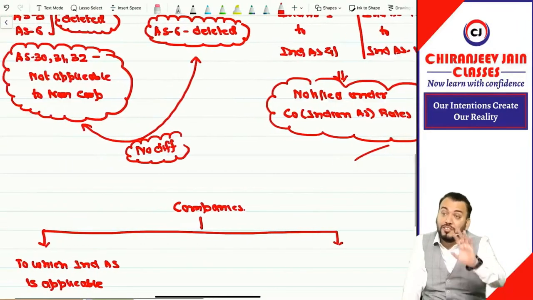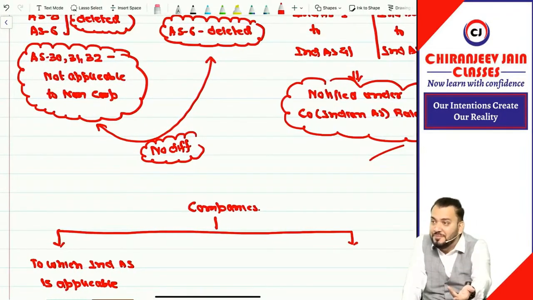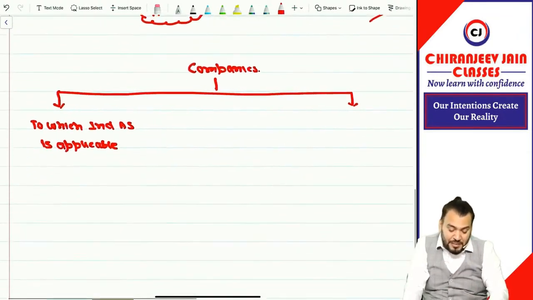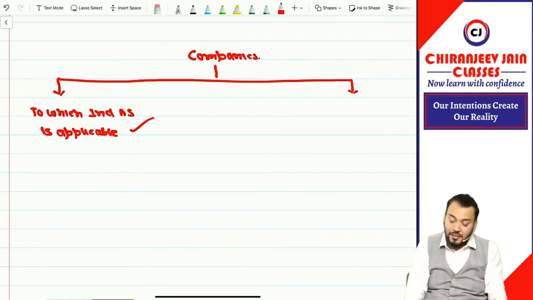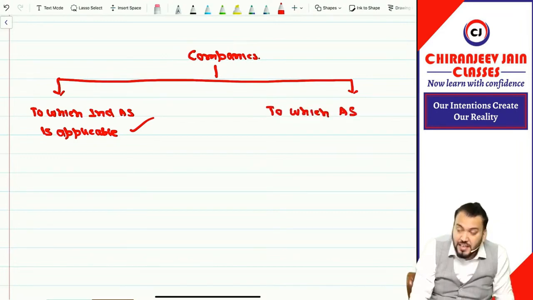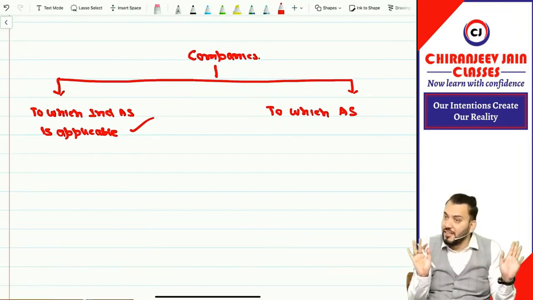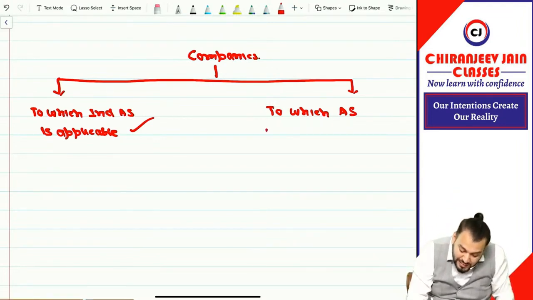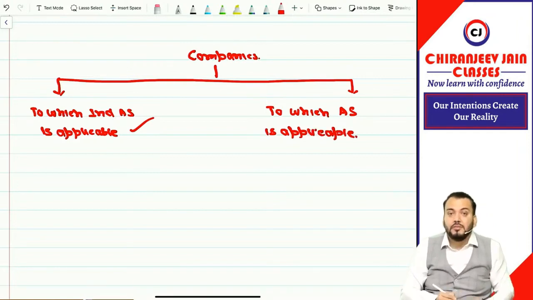So once you know which companies Ind AS applies to, automatically you know the rest. When I say AS, it means what you have done at CA Inter level. You have understood this?